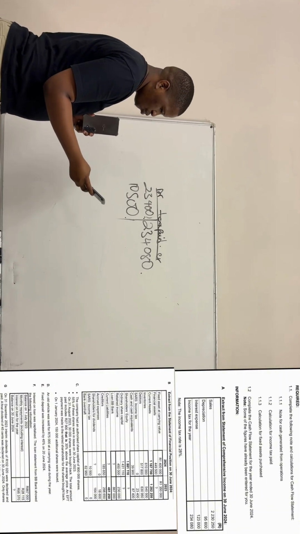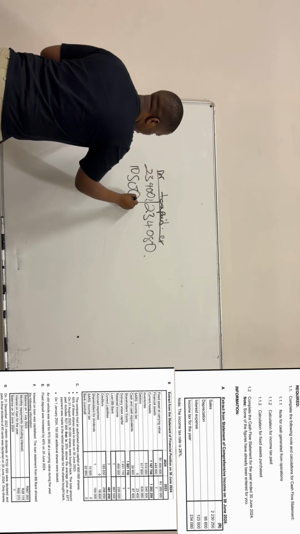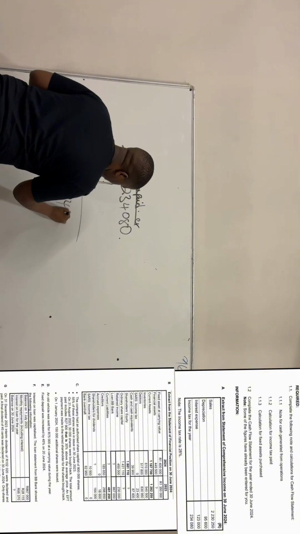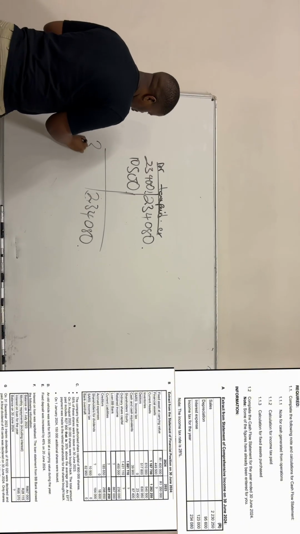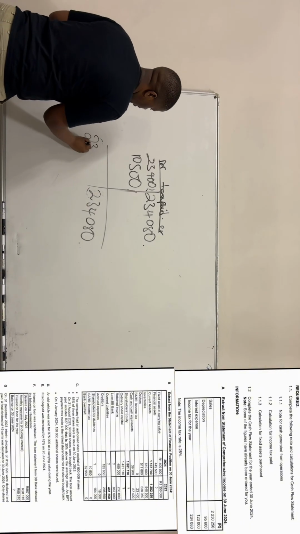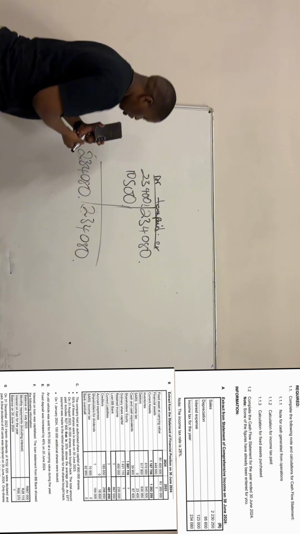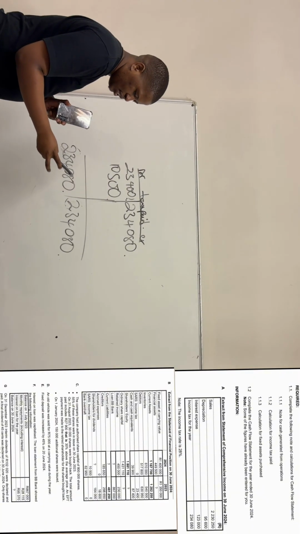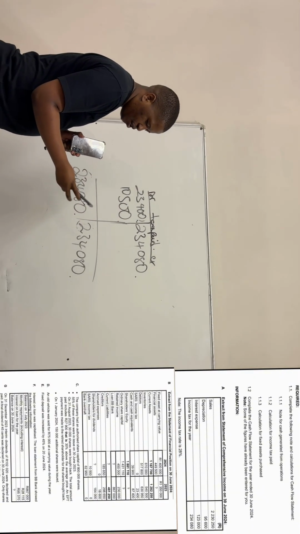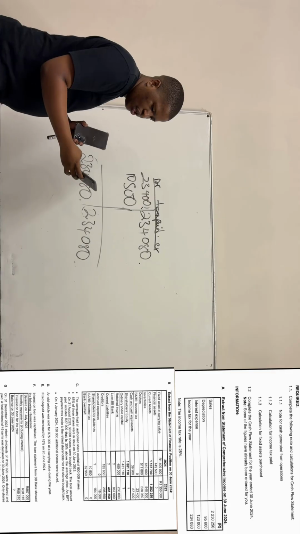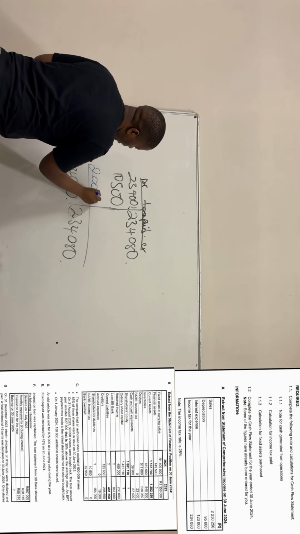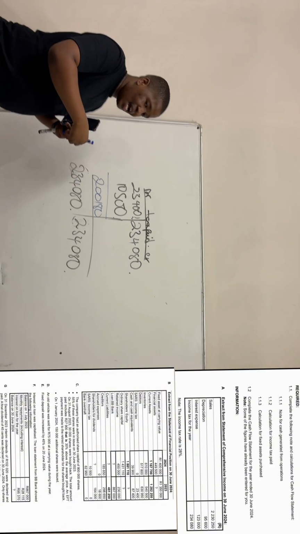So you're simply going to say 234,080 minus the two amounts on the debit side: 234,080 minus 23,400 minus 10,500. We have income tax paid of 200,180. This is your final answer. We proceed.